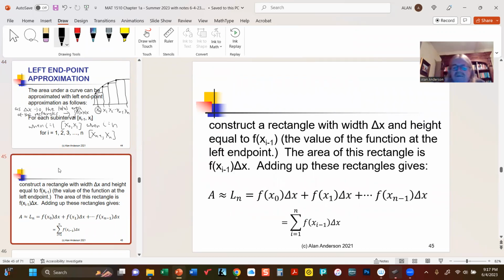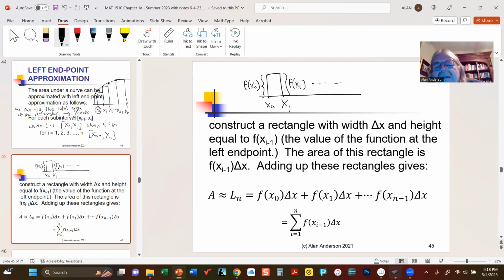So with this formula, the idea here is that this is the left endpoint. This is the height of that rectangle, and this is the width.